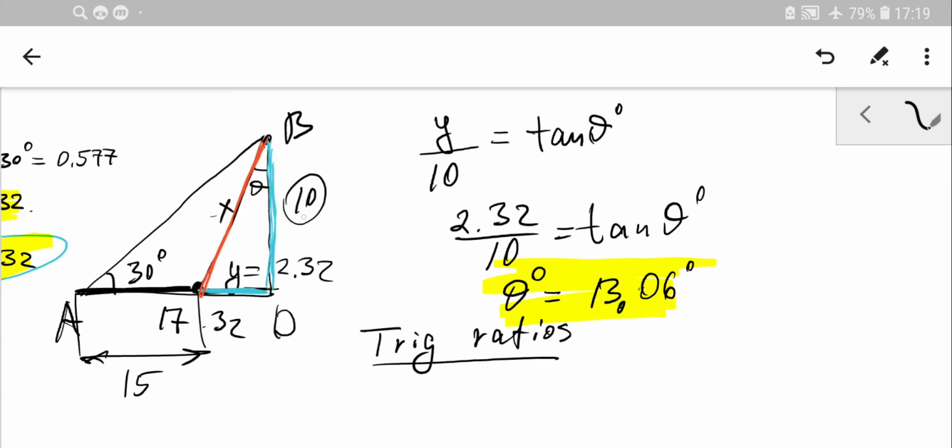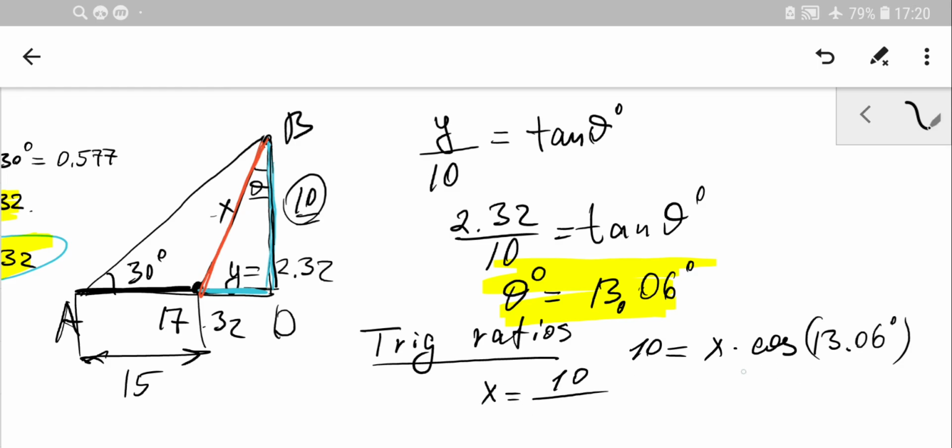This is the hypotenuse. I'll use 10 and I'll use theta with the value 13.06. Alright, so 10 is the adjacent side to the angle. This adjacent side equals hypotenuse x times cosine of the angle 13.06 degrees. Alright, how to find x? From here, x is simply 10 over cos 13.06.